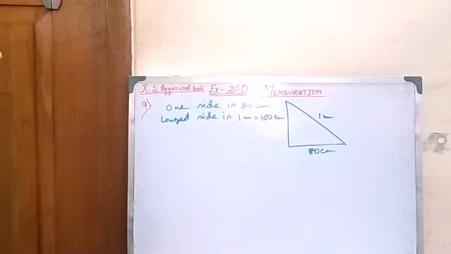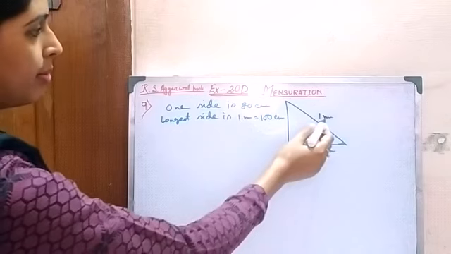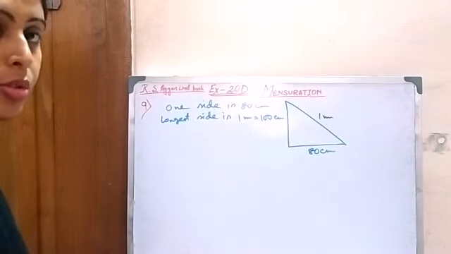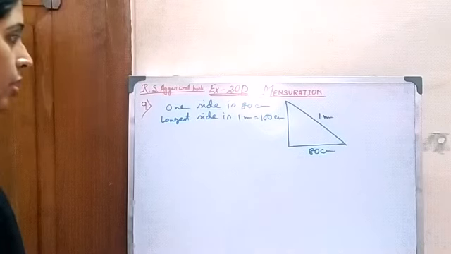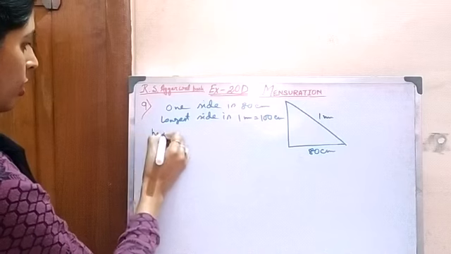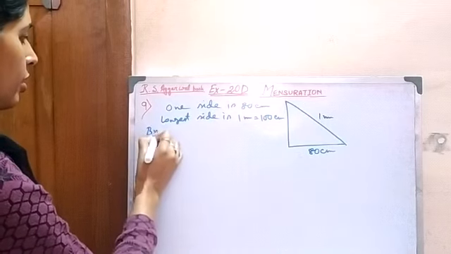Now we will find out the area of the triangle, but here hypotenuse and base are given, height is not given. So first we have to find out the height. By Pythagoras theorem we will find out height.